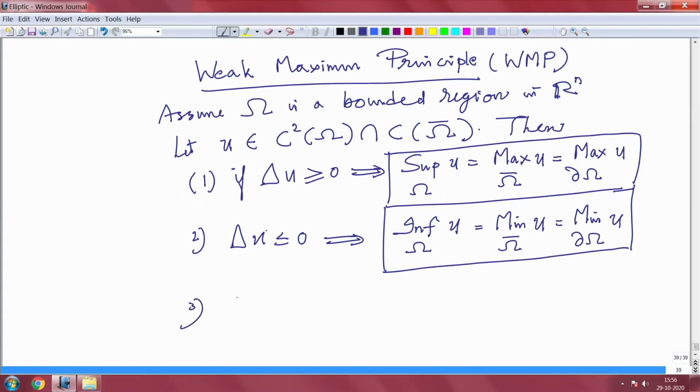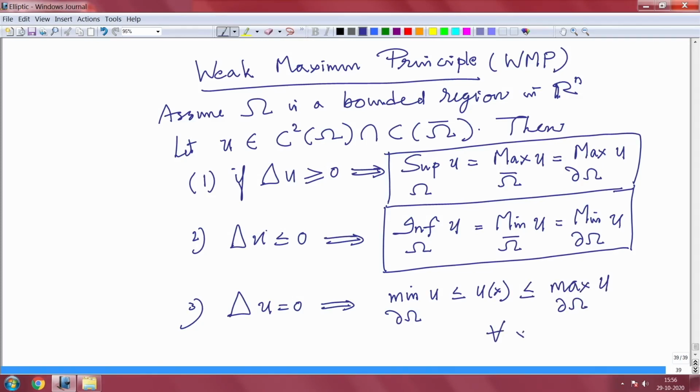And the third one, if Laplacian of U equals 0, then U is bounded by the boundary values. From those two you can deduce that the minimum of U over the boundary is less than or equal to U of x, which is less than or equal to the maximum of U on the boundary, for all x in omega.